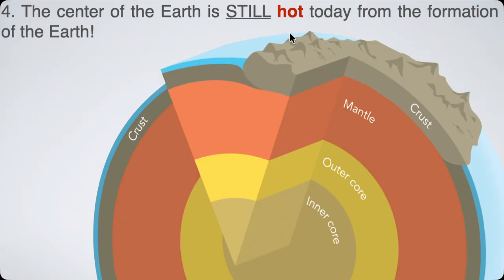The center of the Earth is still really, really hot, even though it formed 4.5 billion years ago. The inner core and outer core and the mantle, but we're talking about the core specifically, is still very, very warm.